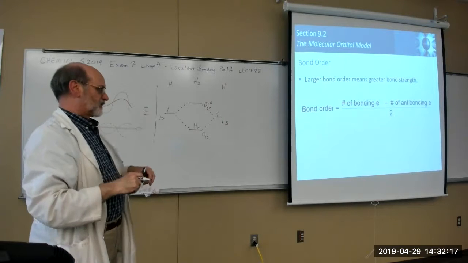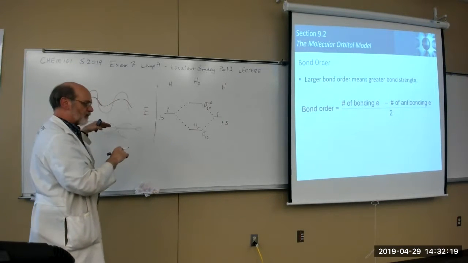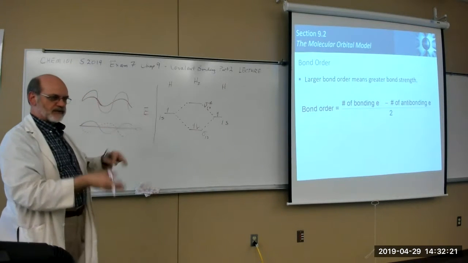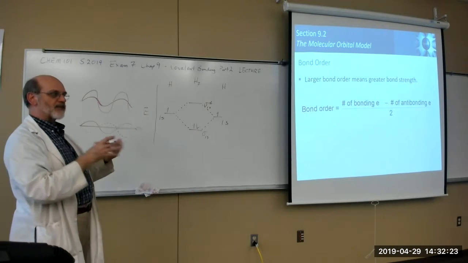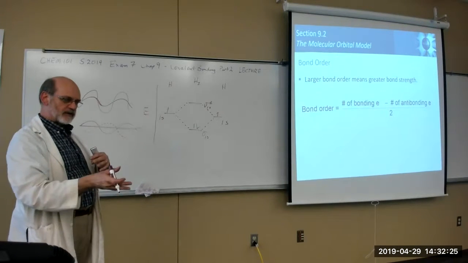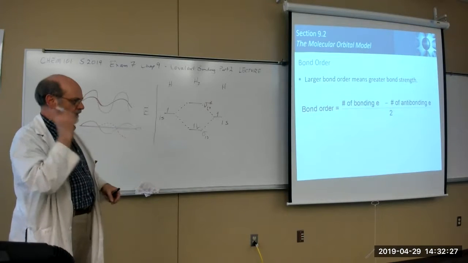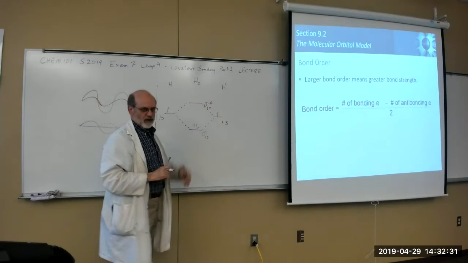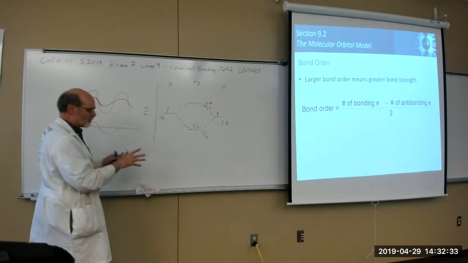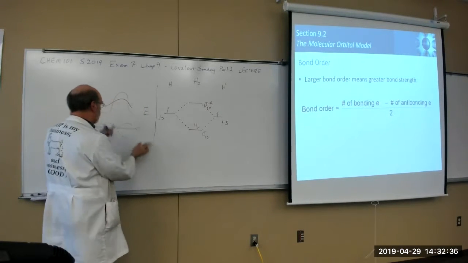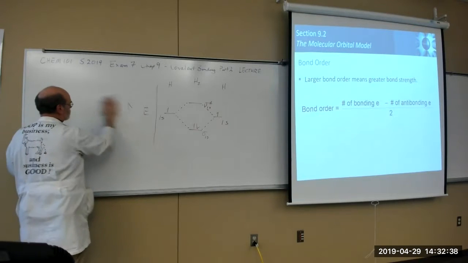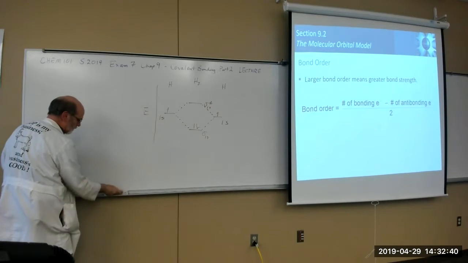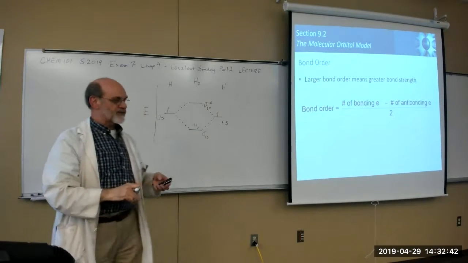Okay? So that's not a one-to-one relationship with bonding versus anti-bonding orbitals, but the concept is similar. Constructive interference versus destructive interference produces either bonding or anti-bonding orbitals. The mathematics is quite a bit more complex, so we're not going to deal with that here. The concept is the more important.